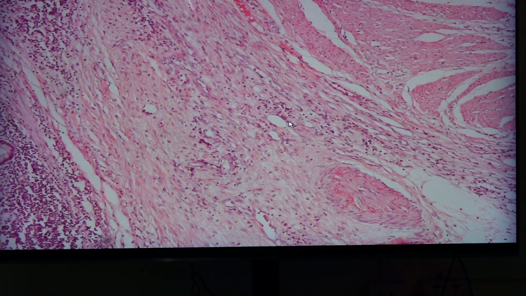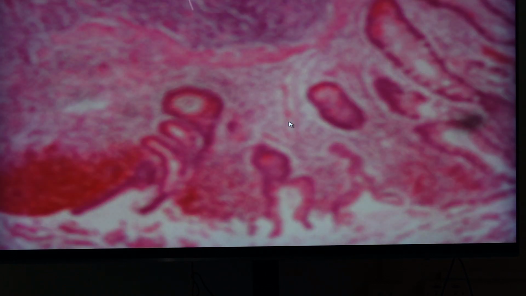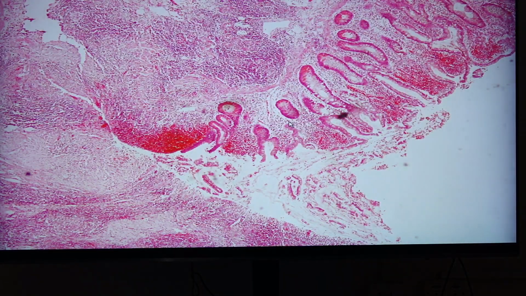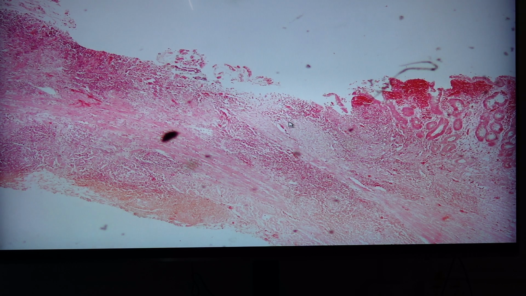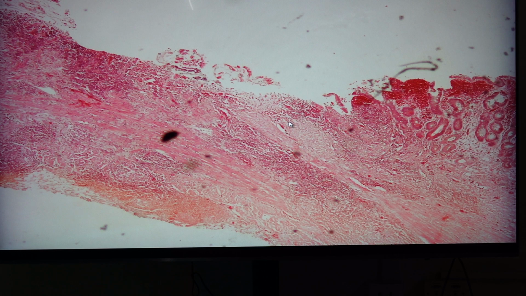So next we have slide 105. This is Crohn's disease. Okay, Crohn's disease is an entity that would fall under the inflammatory bowel disease, or IBD.